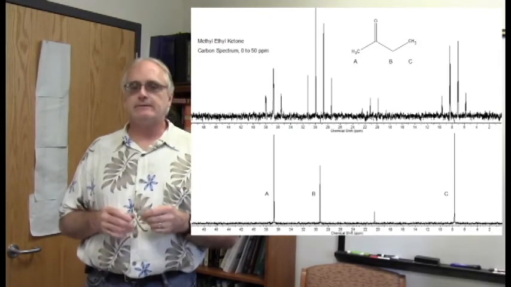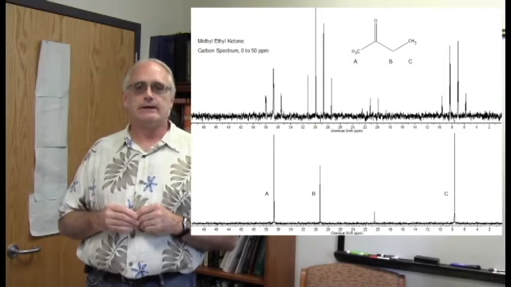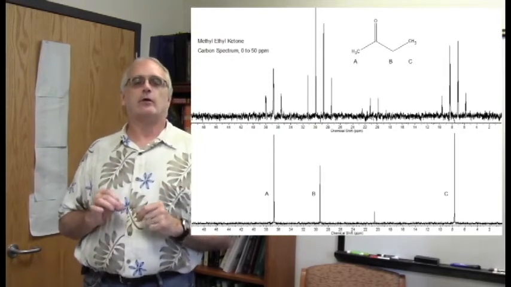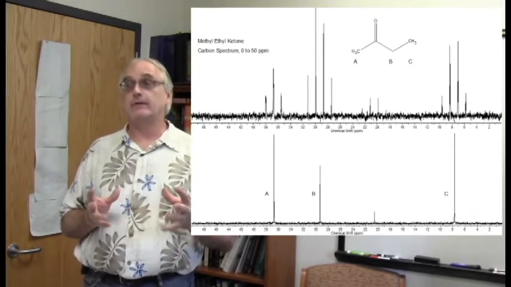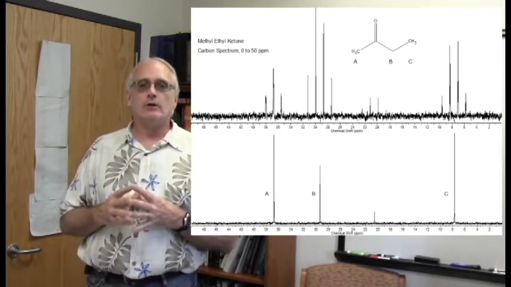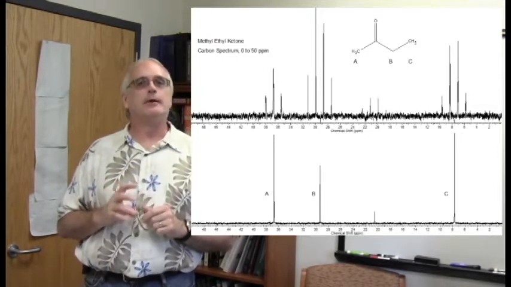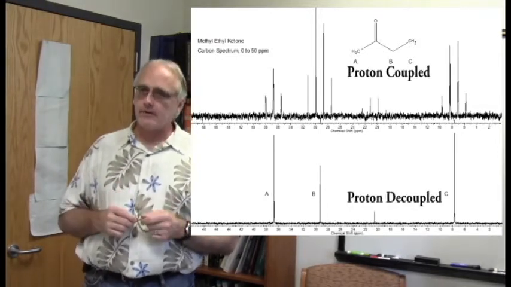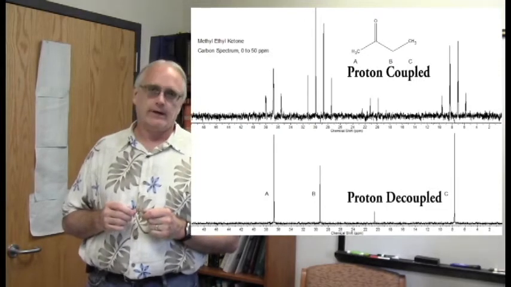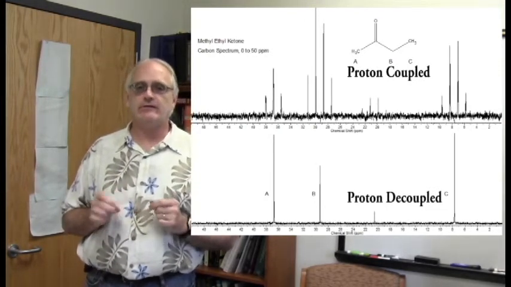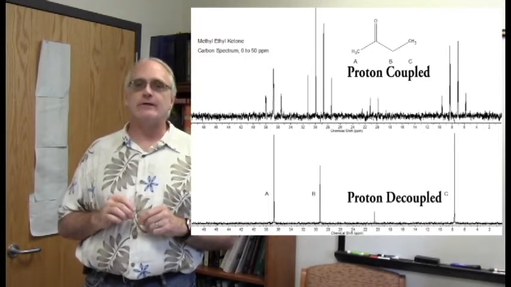So it's time to grasp and understand that, by default, an NMR instrument, when it acquires a carbon spectrum, will acquire it in what's called proton decoupled mode. It's a way of acquiring the carbon spectra as if the hydrogens that are attached to each of those carbons aren't even there.